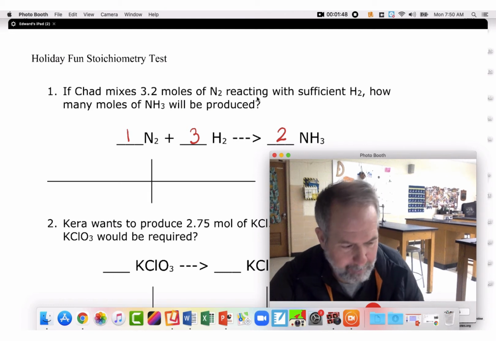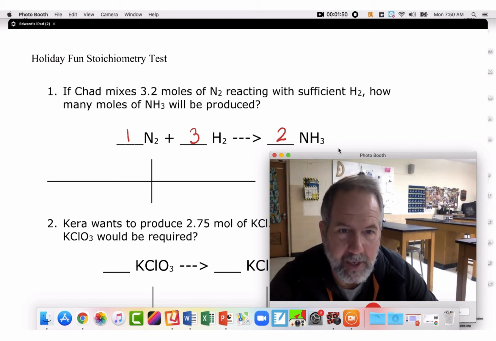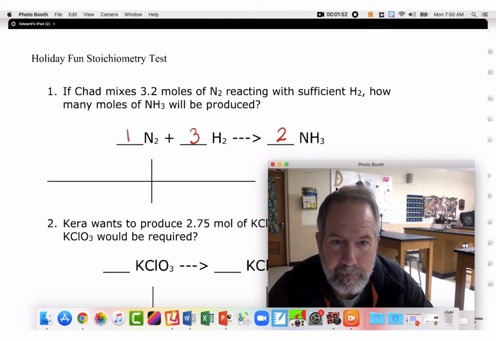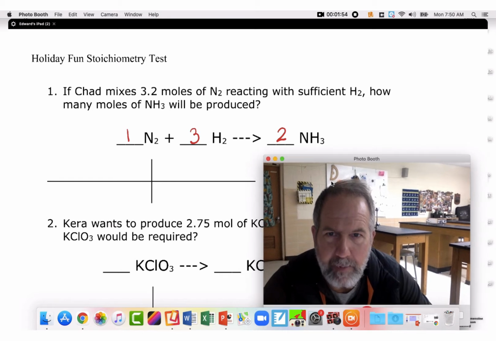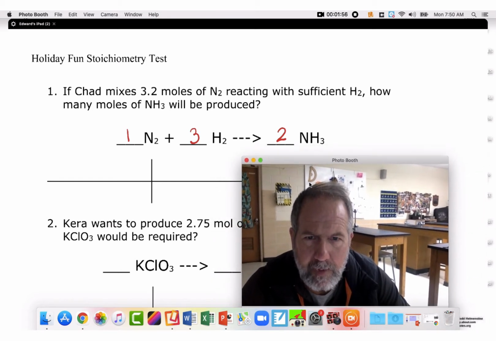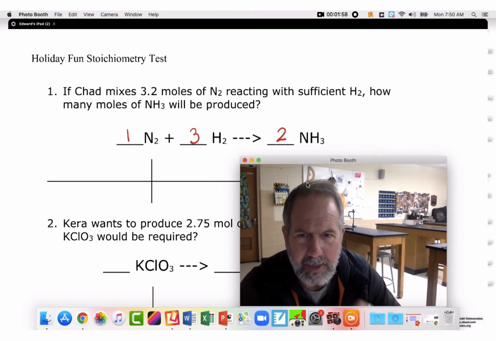Now we have a map, and that map follows this pattern every single time. I'm going to write it up above, where I have the most space.